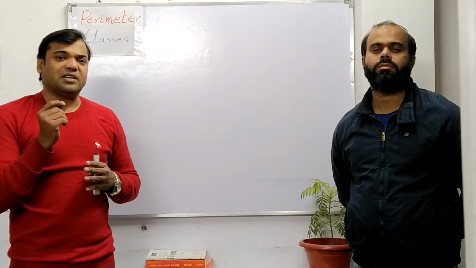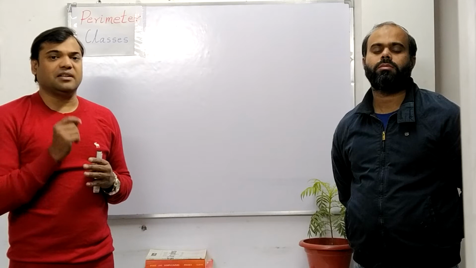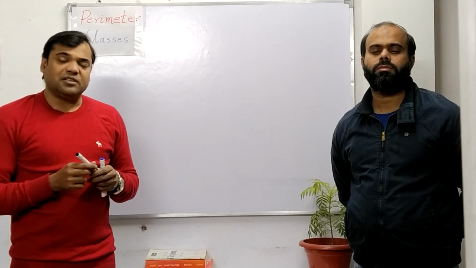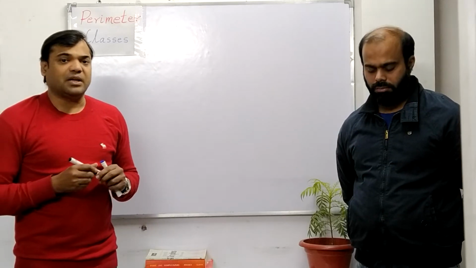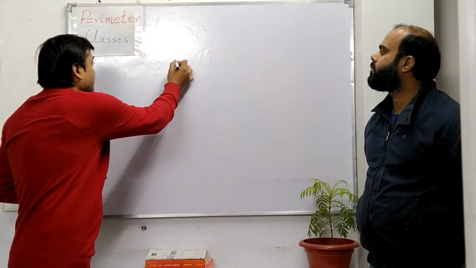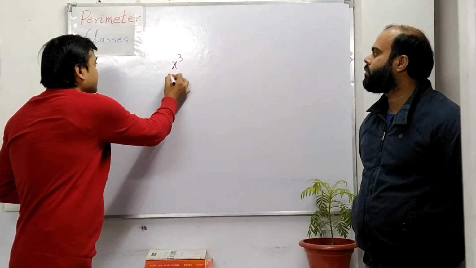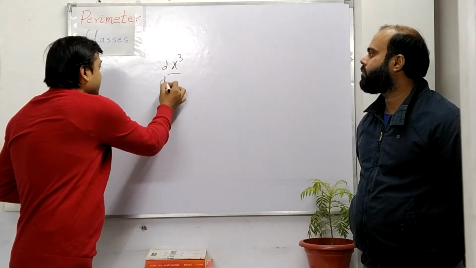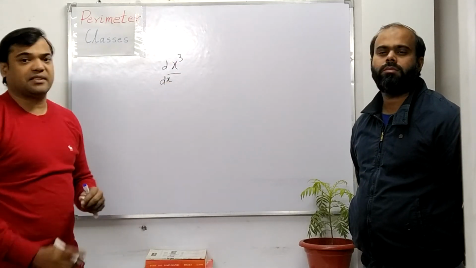So let us start from the point where we ended in the last lecture. You must have solved a problem that we gave you earlier to calculate the differentiation of a function, x to the power 3, and we have to differentiate it with respect to x.